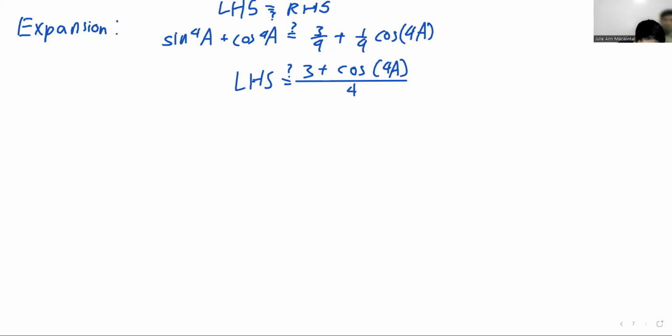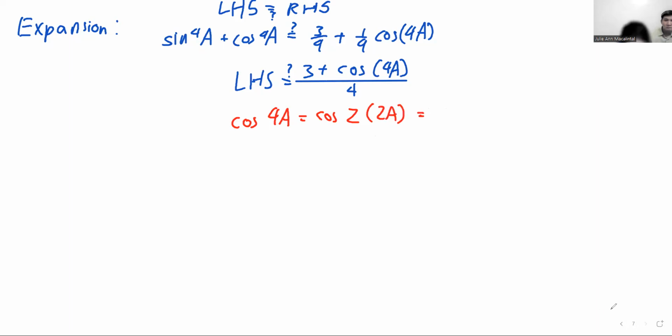So the cosine 4a is 2 cosine squared 2a minus 1. So wait, let's put the intermediate. This is equal to cos 2a.